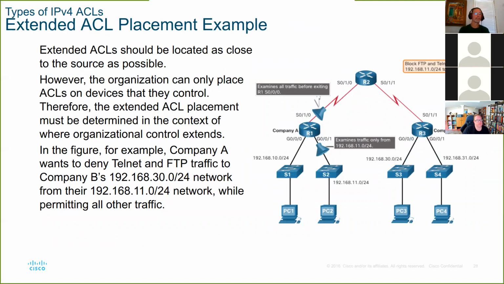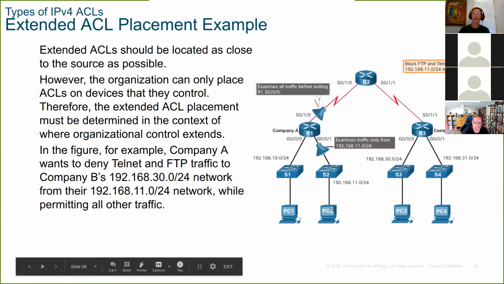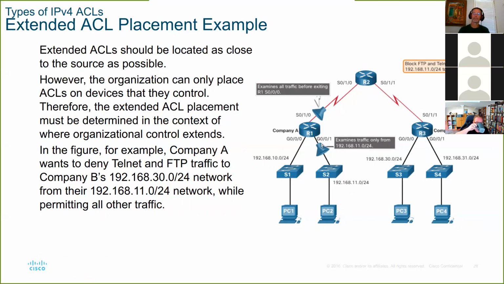Here's an extended example. If you want to deny Telnet and FTP to the 30 network from the 11 network, with extended, we put it right here. Because I can say you're coming from the 11 and you're trying to use port 20, 21, or 23 to get to the 30 network, the buck stops here.